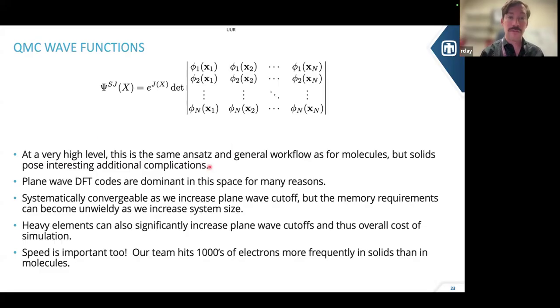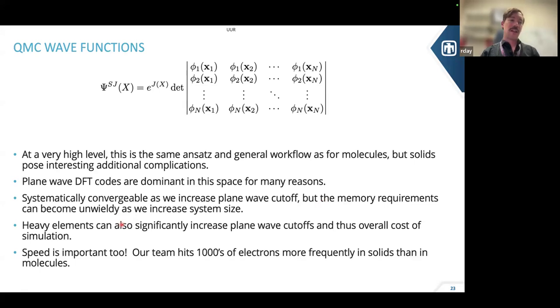They are plane wave DFT codes, and there are many technical reasons for this. They're systematically convergible. They don't have linear dependence issues in the basis set, but it does come at a cost. The memory requirements increase cubically in the linear dimension of the system. So that's not great.